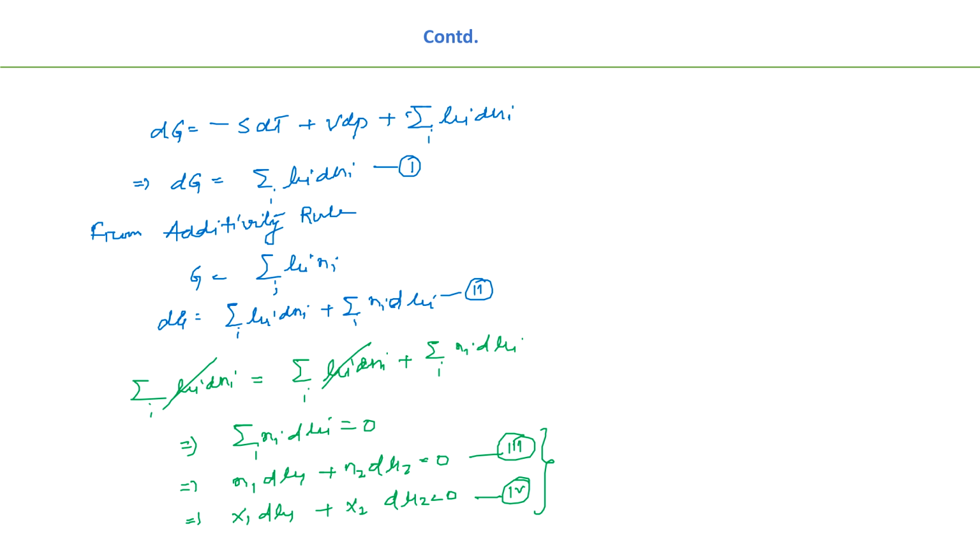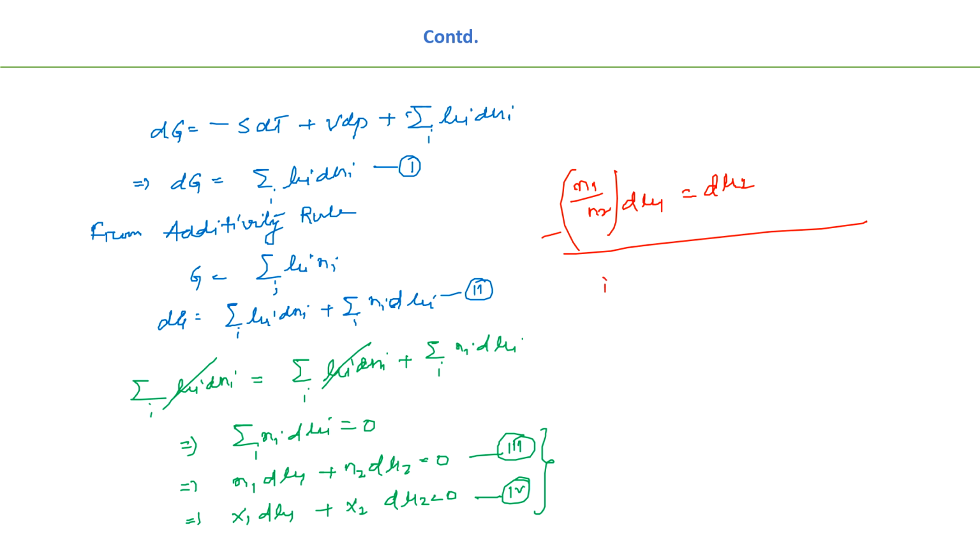Now what is the outcome? What is the significance of this Gibbs-Duhem equation? d mu2 equals minus n1 by n2 times d mu1. That is, for a binary solution, if the chemical potential of a particular species increases, the chemical potential of the other species will definitely decrease.